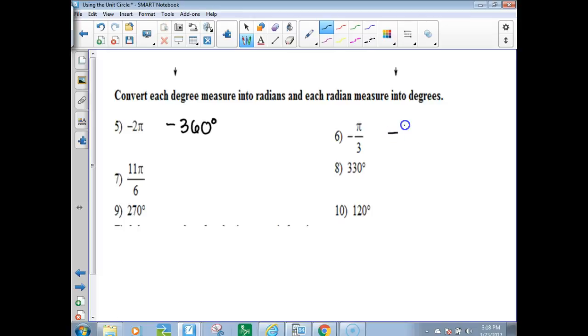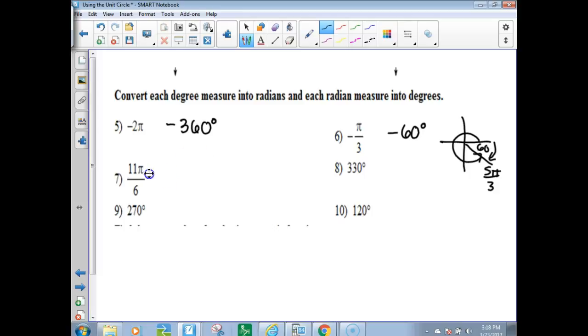Negative 60 degrees then. Think about where negative pi over 3 is. It's here, by your 5 pi over 3 on your unit circle. You're using your unit circle to help you right now. 5 pi over 3 is a reference of 60 degrees. That means you went negative 60.